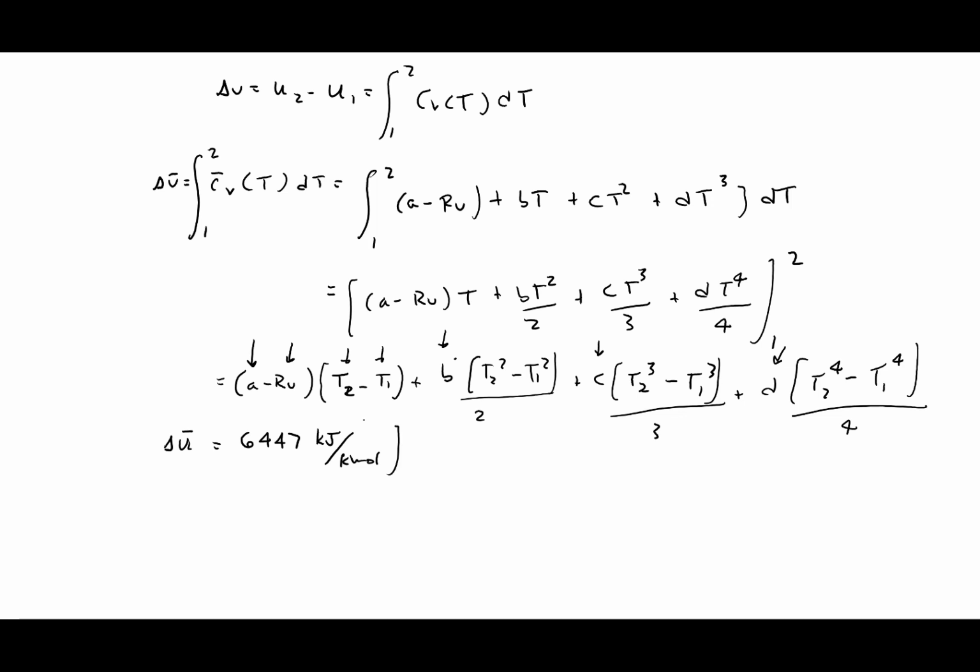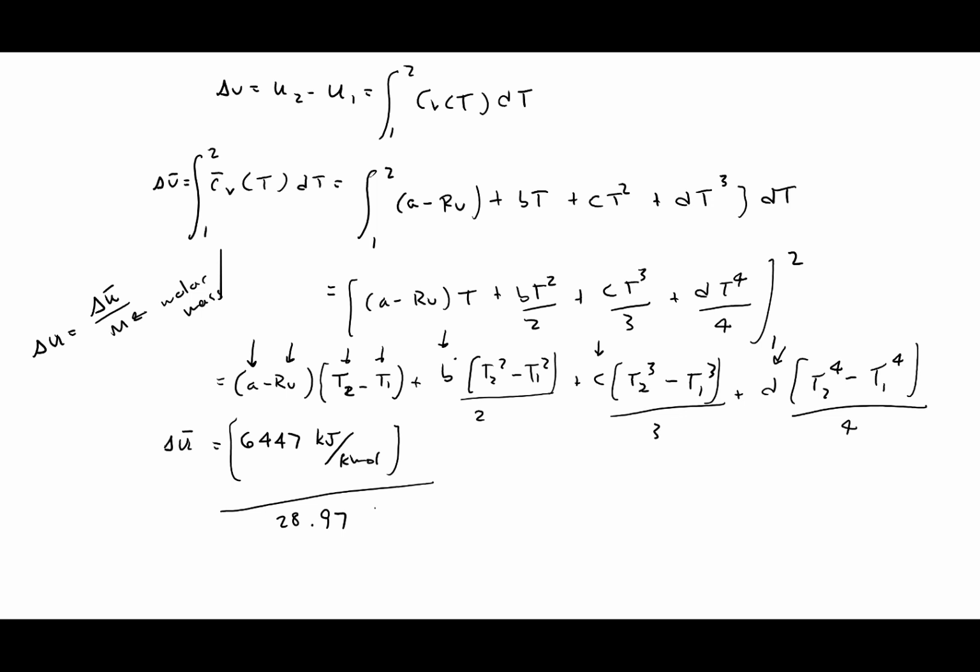So if I do that, the molar mass for air is 28.97. So delta U is equal to delta U over M, and M is the molar mass.